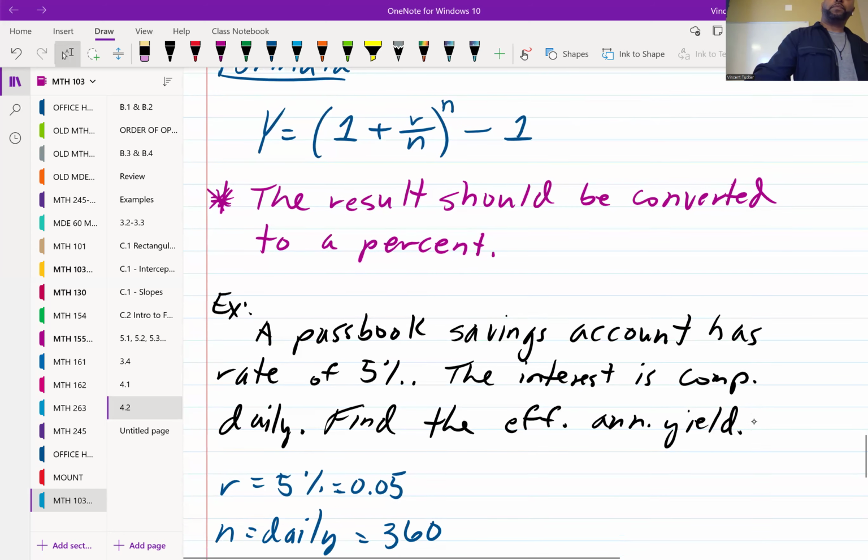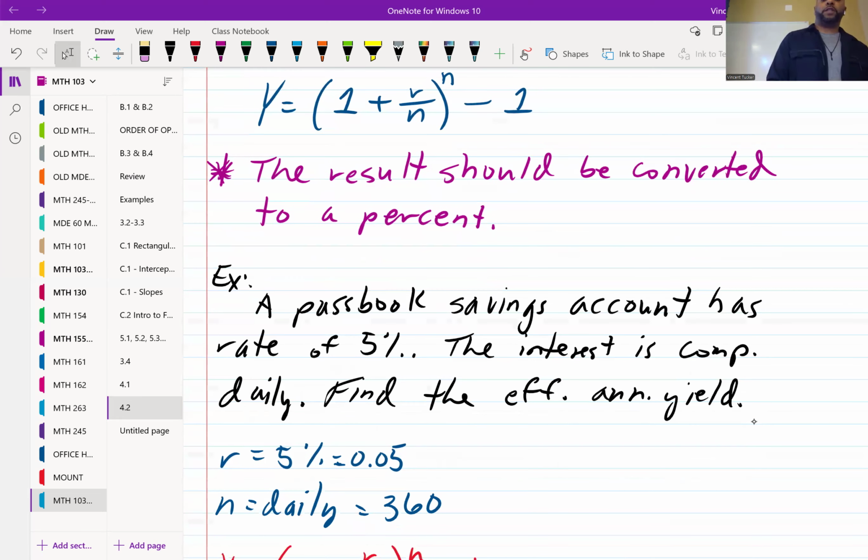All right, so once again, we have a passport savings account that has a rate of 5%. The interest is compounded daily. Find the effective annual yield.